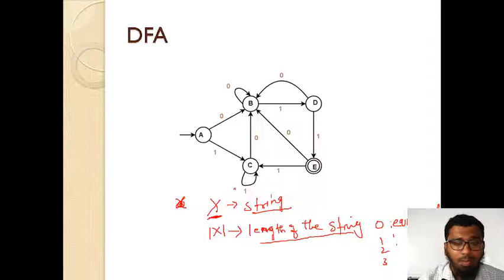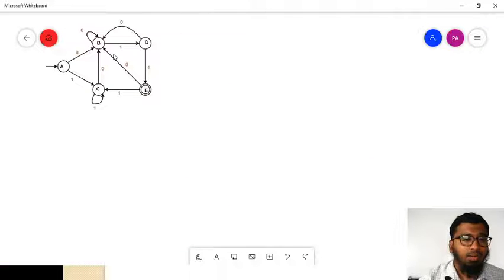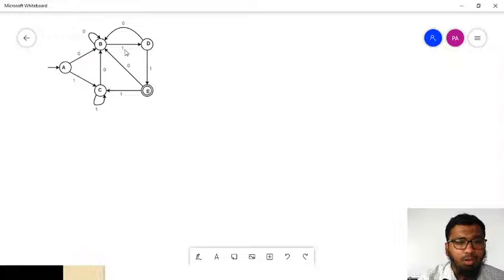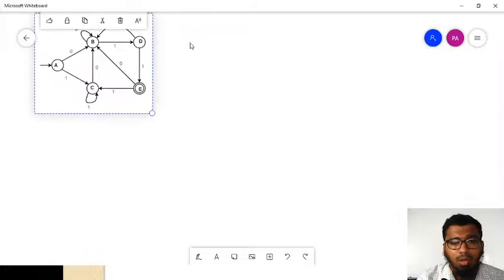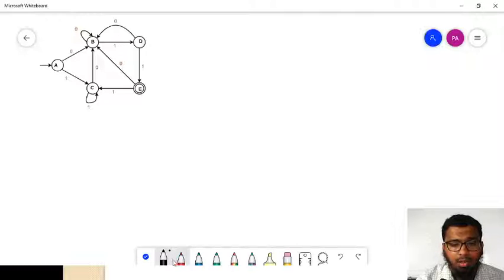understand what is minimization. Okay, so let's go to the example. How many states here? Here, take the pen.